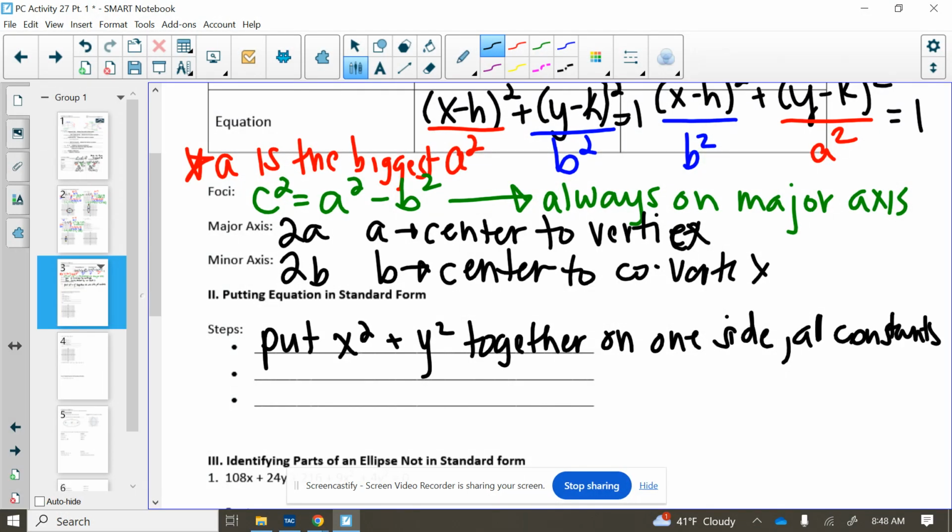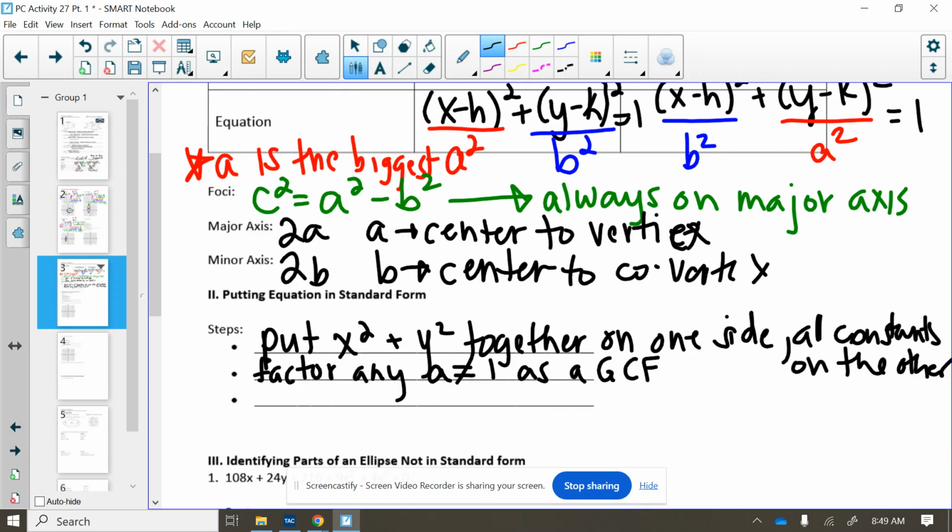Now from there, we are going to complete the square. So what we would do is you need to make sure you factor any a value not equal to 1 as a GCF so that we can make sure that our x squareds and our y squareds are 1 x squared and 1 y squared, to make sure that they are able to actually be completed.